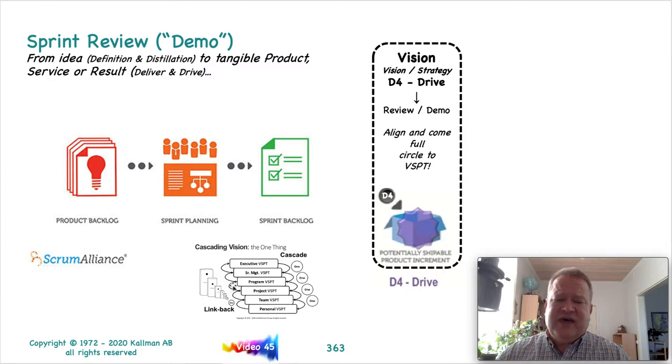Most companies don't have a way to effectively link back. And you've seen the video and the Domino's video and what the concept is behind this half of cascading vision and cascading the one thing.